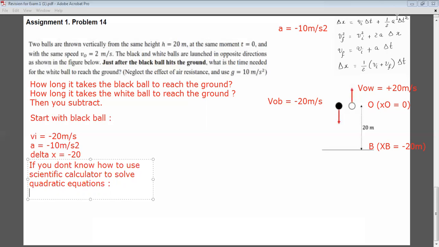So this is a quadratic equation that I don't know how to solve. If you don't know how to solve it using the scientific calculator, then it will be problematic.